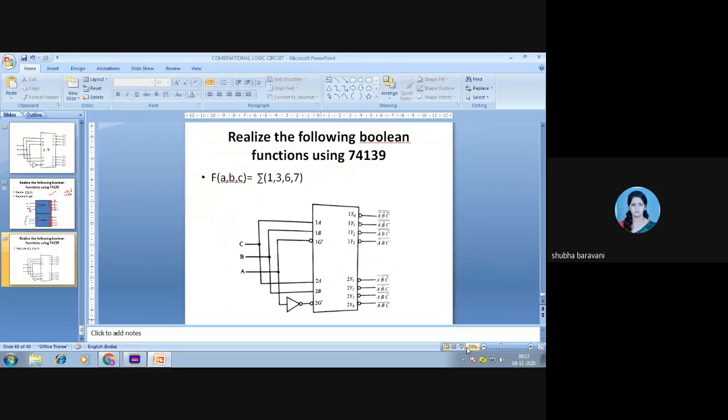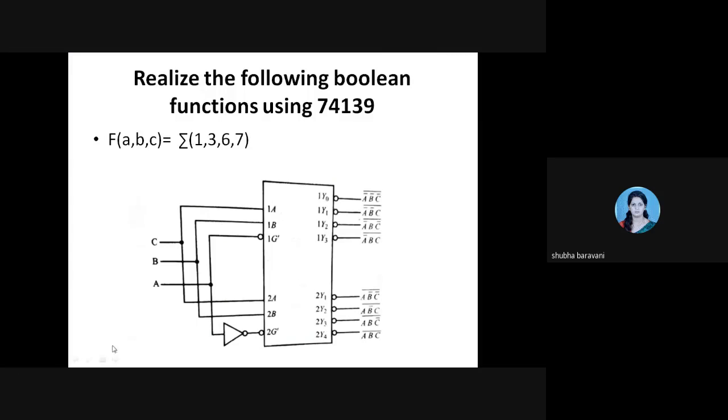Now see, here what is this? This is 0 bar. See, here it is 0, but after this it is 0 bar. Here it is 1, but here it is 1 bar. Here it is 2, here it would be 2 bar.